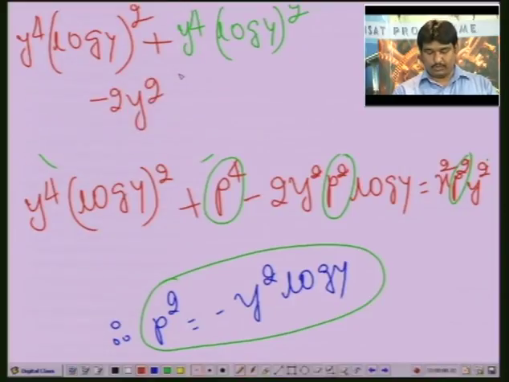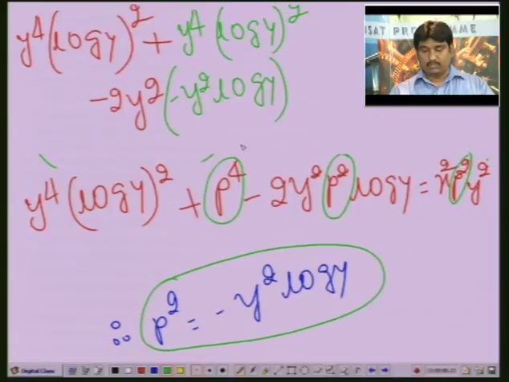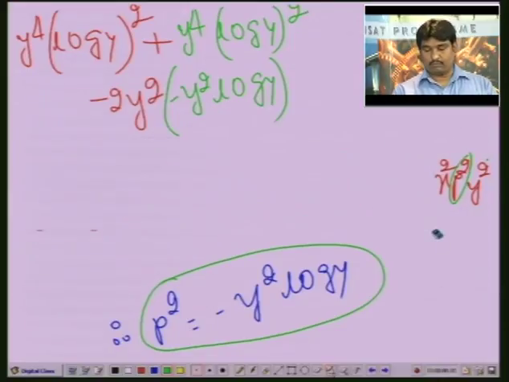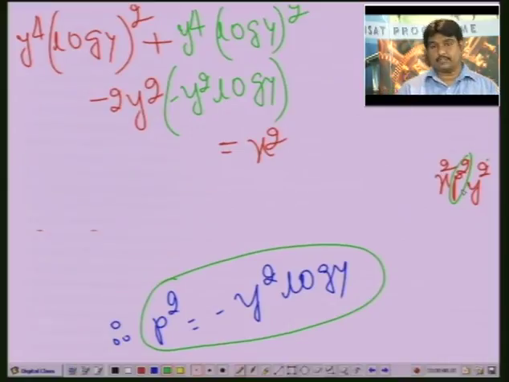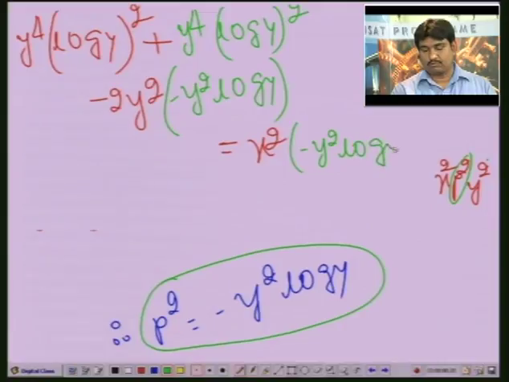Now in place of p square, I'll write this, p square is minus y square log y, and the right hand side equals x square into the p square value. P square is minus y square log y into y square as it is.